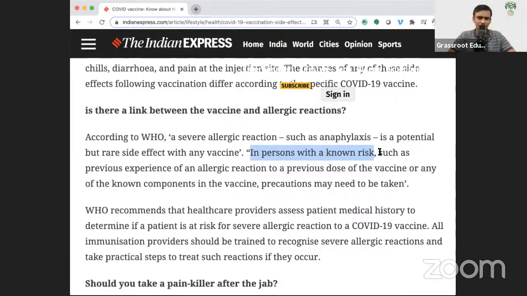In persons with a known risk, such as previous experience of an allergic reaction to a previous dose of the vaccine, or any of the known components in the vaccine, repeat, precautions may need to be taken. Voice down at the end. Precautions may need to be taken. Okay, voice dipping down at the end always.